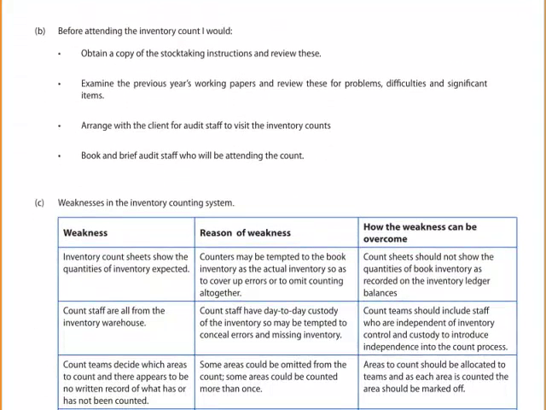Part B is relatively straightforward. Audit procedures that the auditor will normally perform prior to attending the client's premises on the day of the inventory count. This is all to do with preparation. It's very important that the stock-taking instructions are reviewed and understood by the auditor.